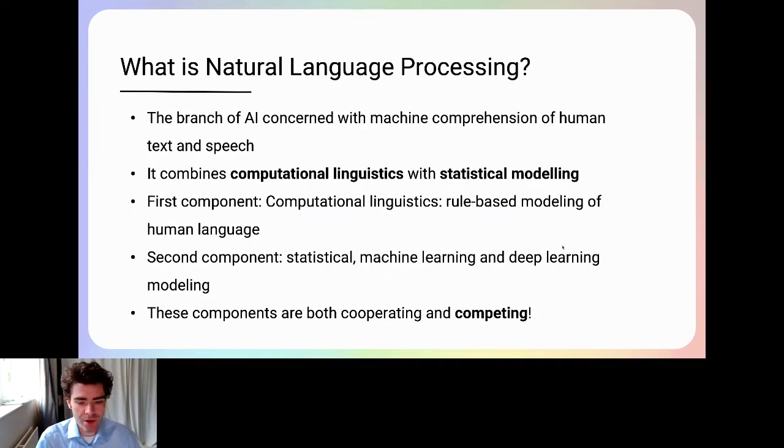These components are both cooperating and competing. The reason I wrote that is because you can more or less summarize the history of artificial intelligence and natural language processing with an idea of these two sides, computational linguistics and statistical modeling, working together, but at the same time being very, very profoundly in competition with each other.